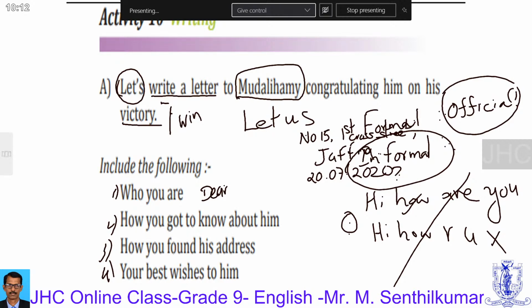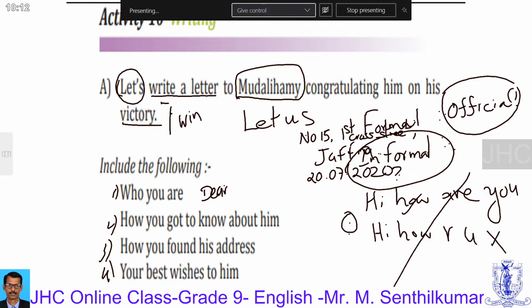Then how you got to know about him, how you heard about this news. I heard it in yesterday's Udayan paper, in the sports section, there's a news item.